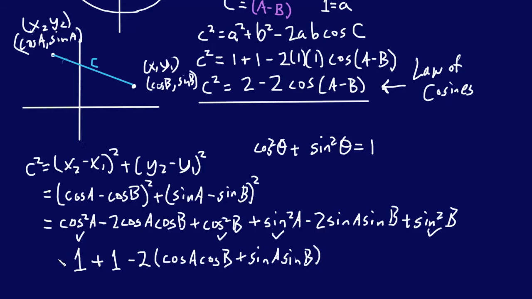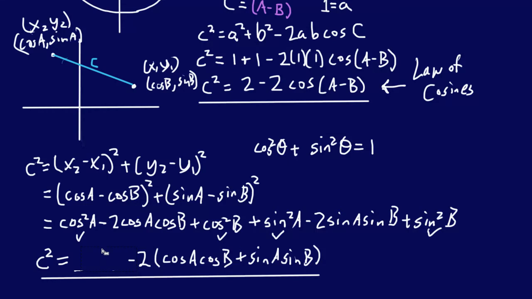And then this is equal to c squared. So again, this equation, I could simplify this. This 1 plus 1 obviously ends up being equal to 2. So let's just make that into a 2.